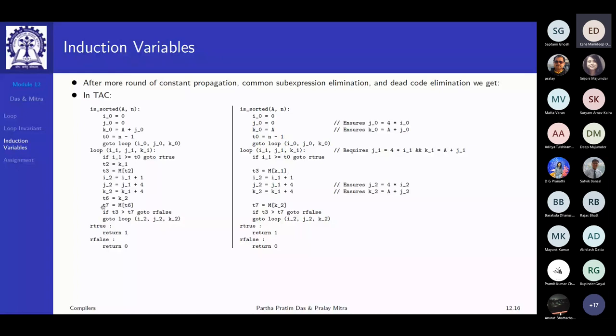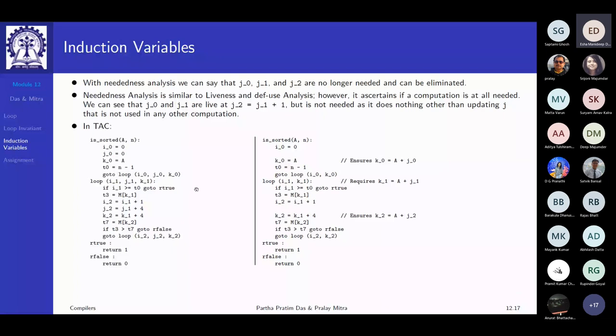Right? So at this point, you may start thinking, well, we may possibly be done, but we are not. Look at this code on the left. You have 3 induction variables now, I, J, and K, being independently updated.